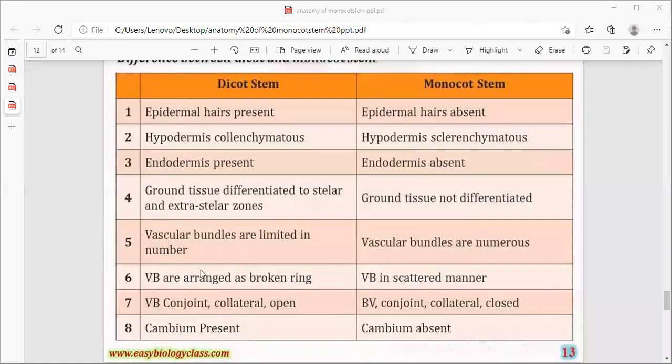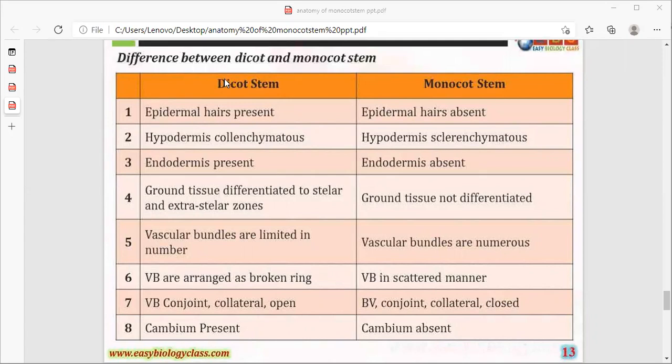In dicot they are arranged in a ring, while in monocot vascular bundles are scattered. Vascular bundles in dicot are conjoint, collateral, and open, but in monocot they are conjoint, collateral, and closed type.